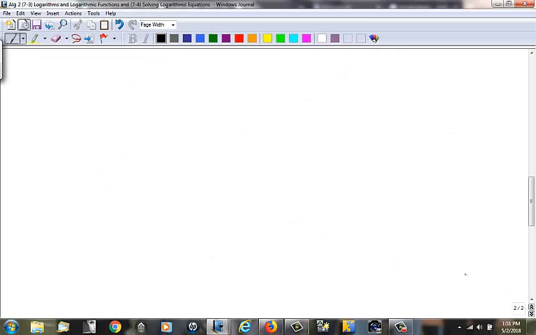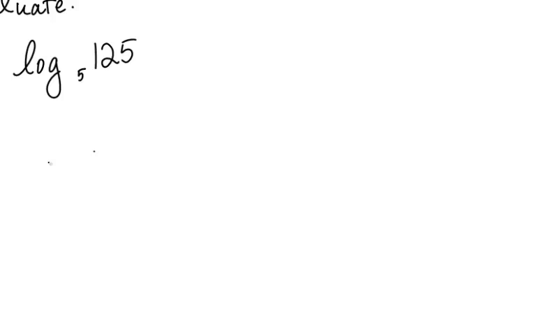Now, with that in mind, they will say, evaluate. And I always say, if you're stuck in exponential form, go to logarithmic form. If you're stuck in logarithmic form, go to exponential form. Go back and forth. On these problems, they will say like the log of 125 base 5. When I write that in my notebook, I would not just write it that way.